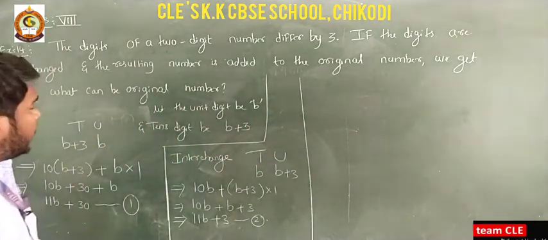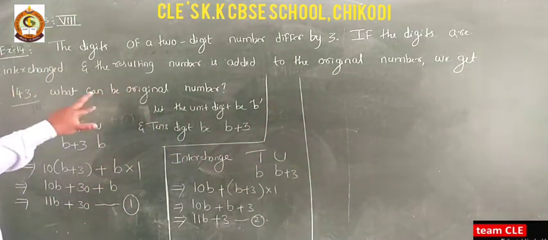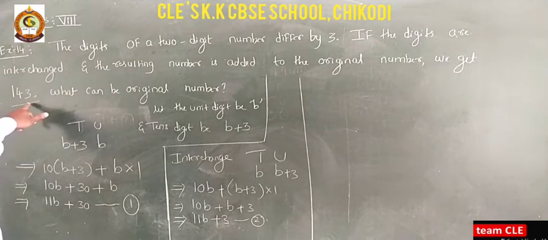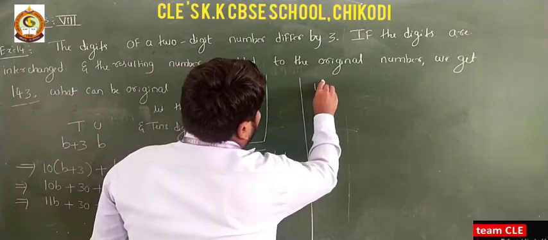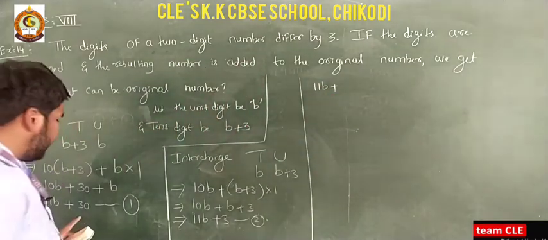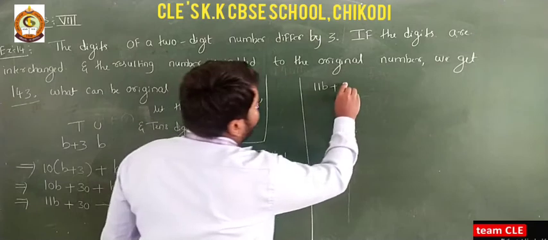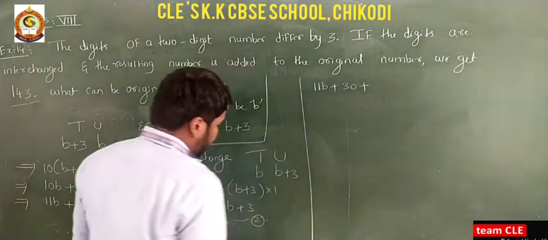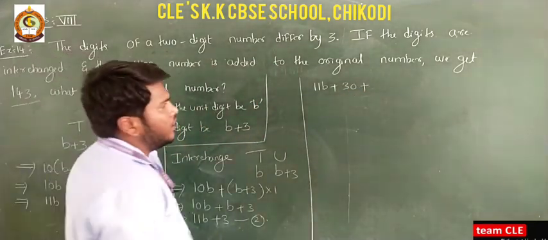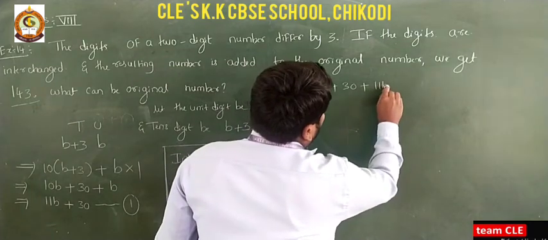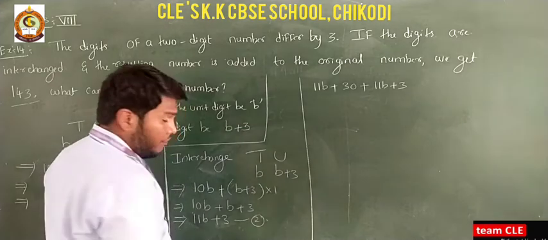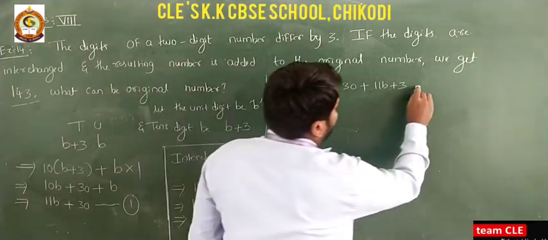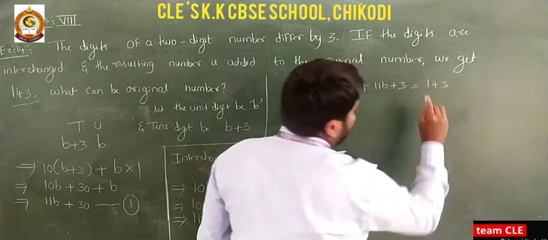They are saying that if we interchange the digits, the sum we get is 143. So add them: 11b plus 30 plus 11b plus 3 equals 143.